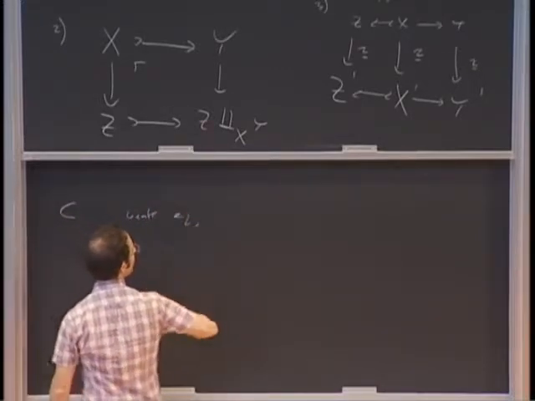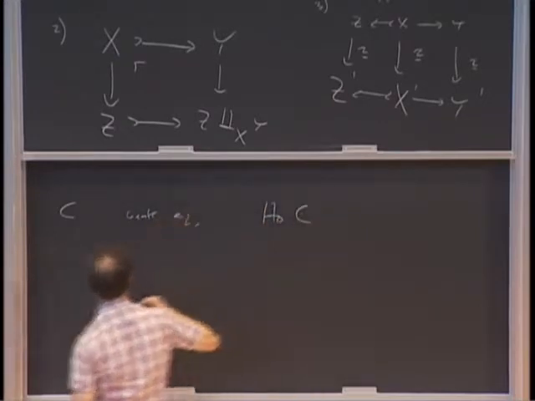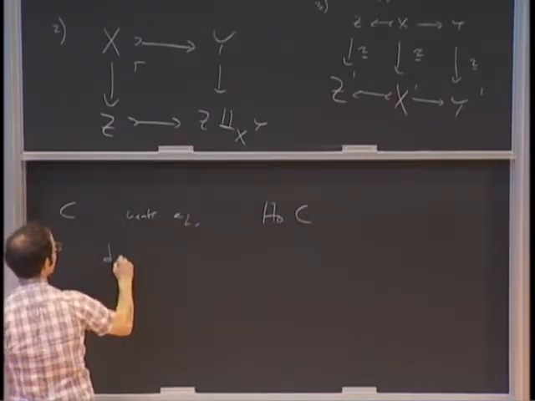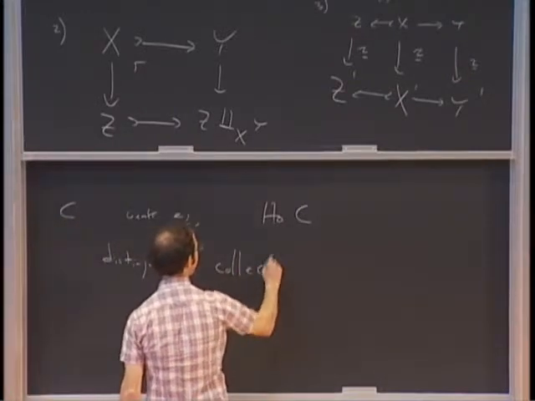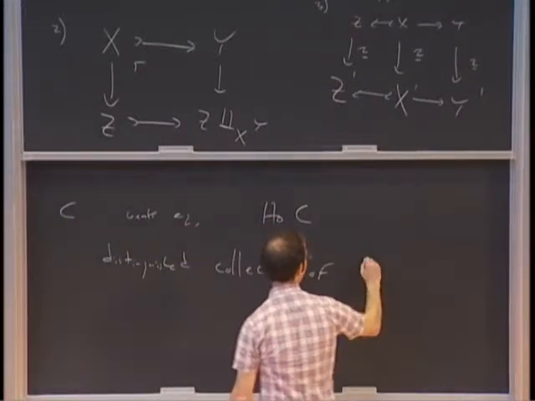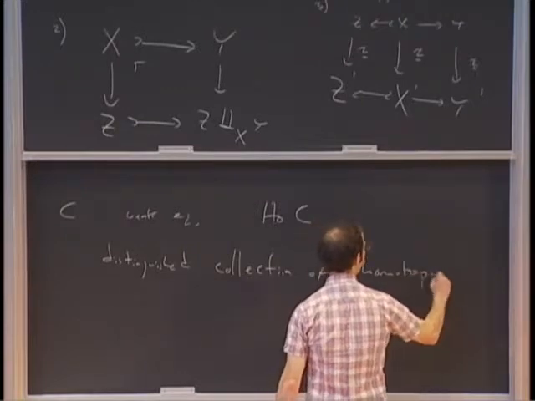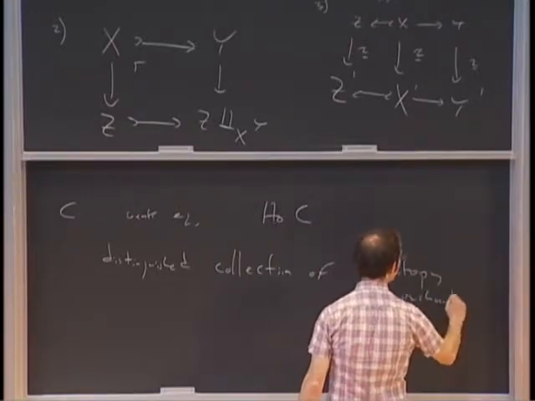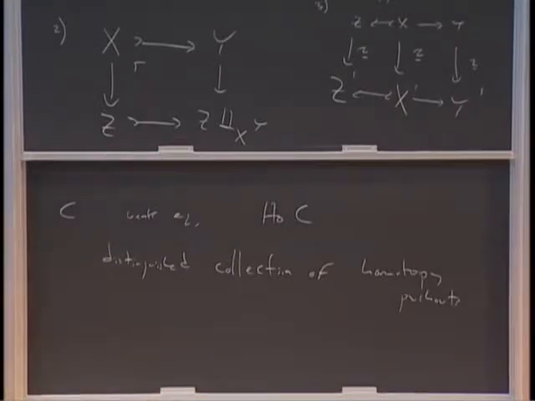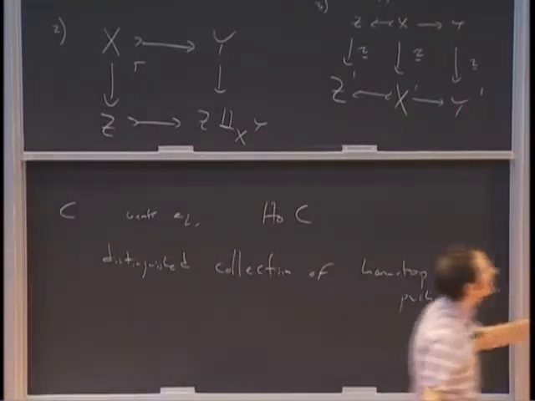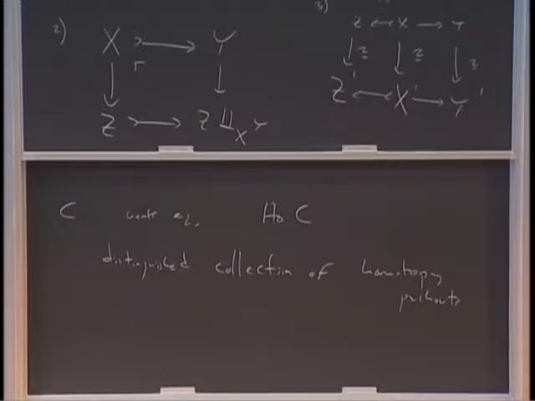So this is a category C with weak equivalences. So we can make sense of HOC, but it also has a distinguished collection of homotopy pushouts. And let me emphasize there are a couple classes of pushouts of particular interest.